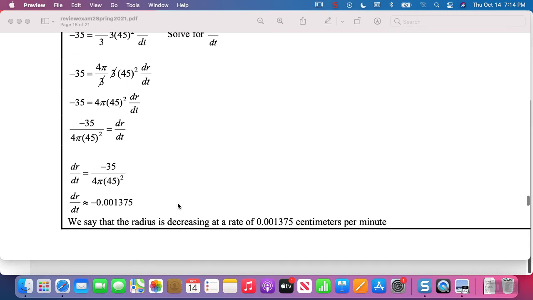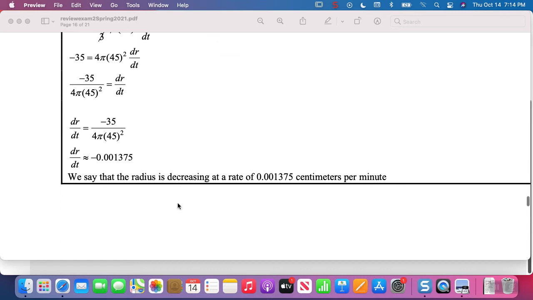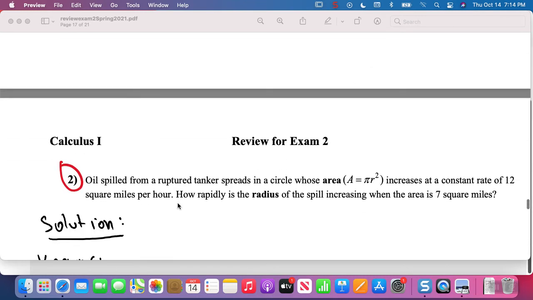Okay, so that's a related rate problem. Now we go to a second problem.